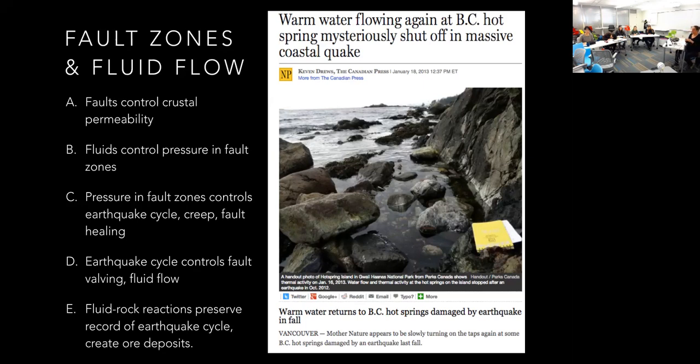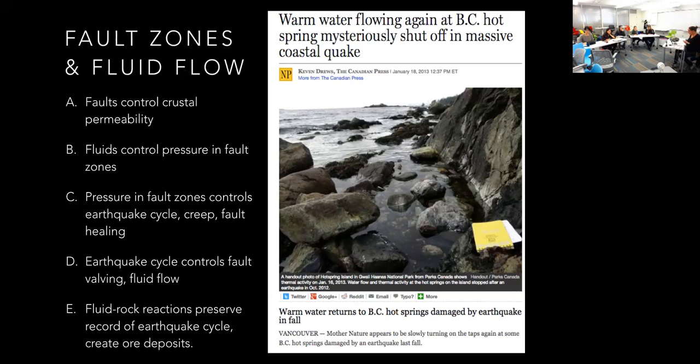So most of the time when we talk about stress on a fault, we're going to be talking about effective stress or shear stress, and those values are controlled by the balance between the tectonic load or the normal stress on the fault, which pushes inward on the fault, versus the pore pressure in the fault, which pushes outward against that. So the effective stress is the net stress on the fault when you take the tectonic stress and subtract the pore pressure. And that's what controls whether the faults will actually rupture or not.